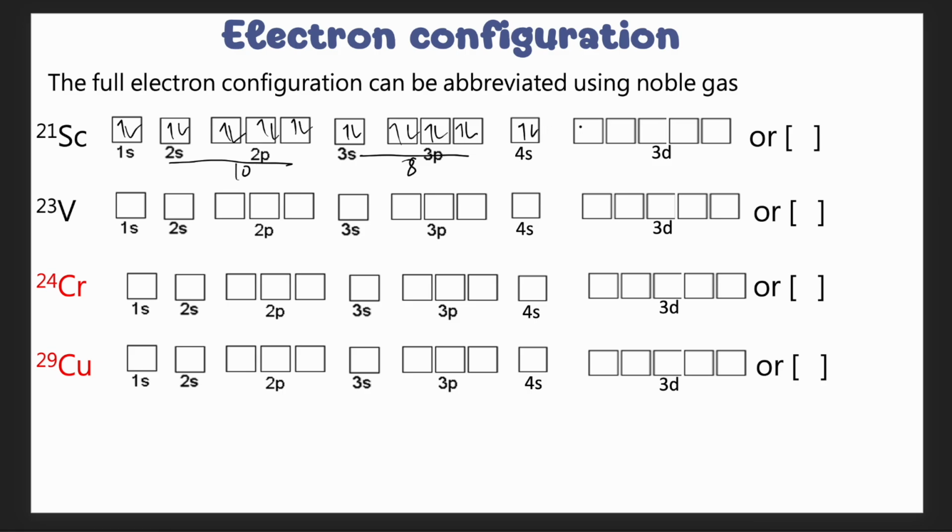This one, 18, is Ar. So we can just write here Ar, argon, with 18 electrons, and we continue with 4s2, 3d1. Vanadium is 23. So we have all of these 18 electrons.